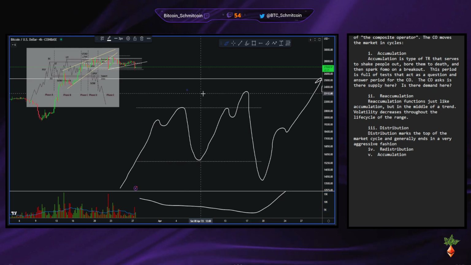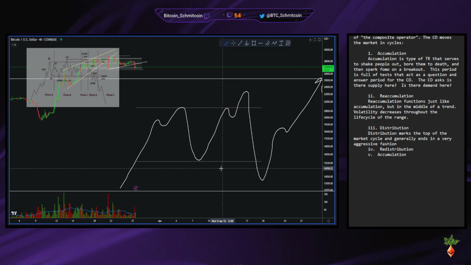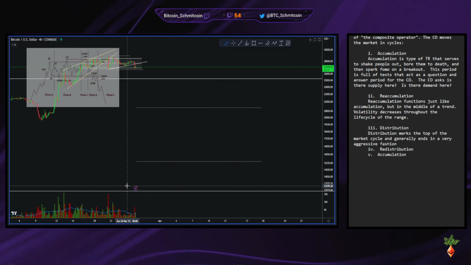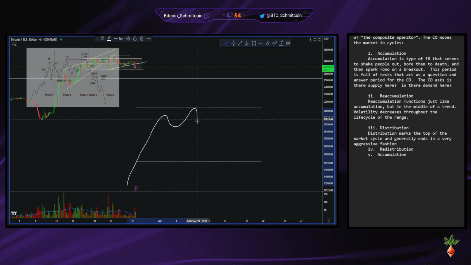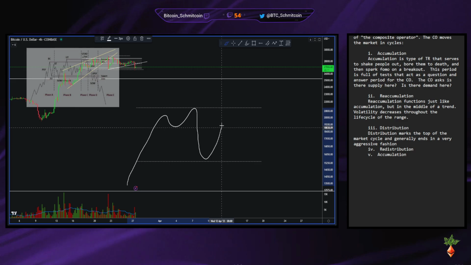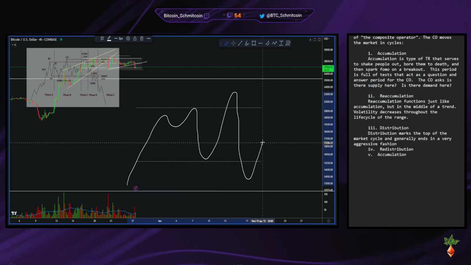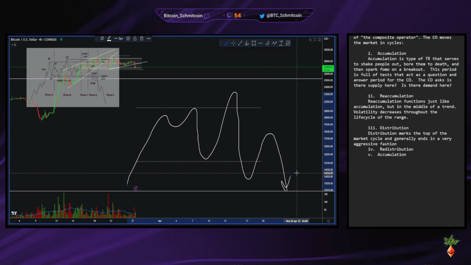So what I mean by that is, if this is reaccumulation, the counterpart to that would be distribution, which means it comes up, boom, boom, boom. And here's the key point. It fails. And it comes back down.